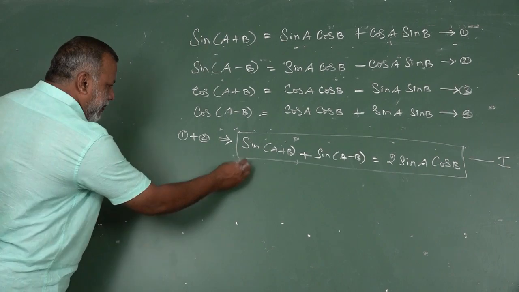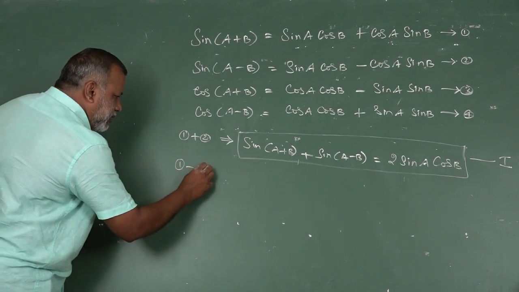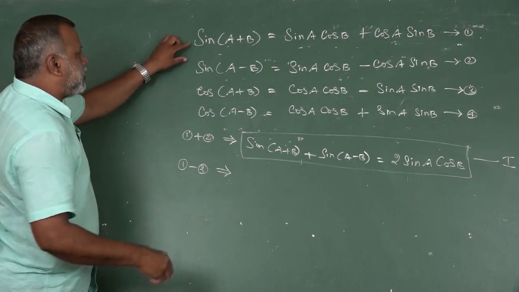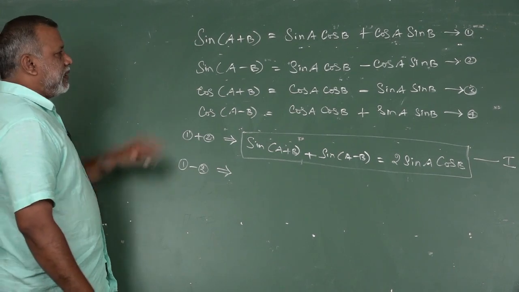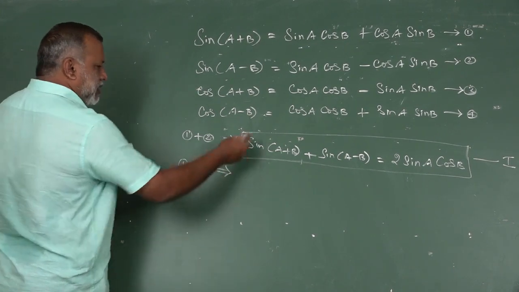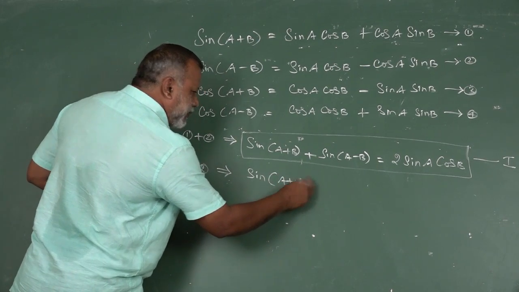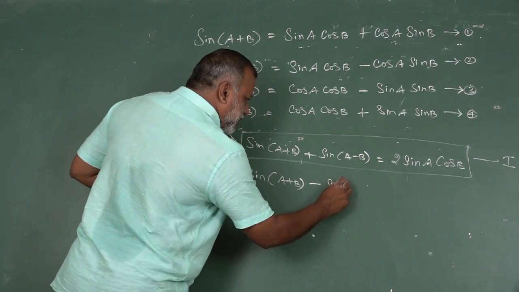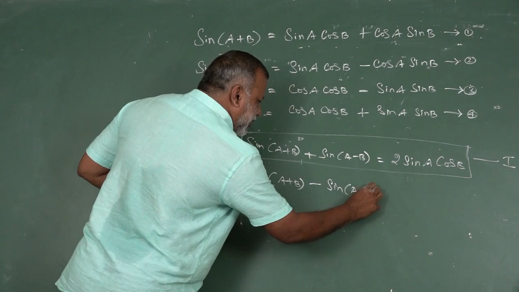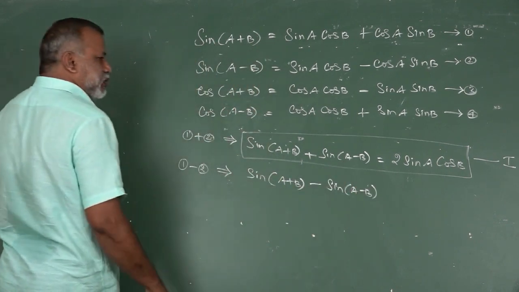In the same way, equations 1 and 2, we are subtracting now. First addition, then subtraction. The same way, listen, sine of a plus b minus sine of a minus b. We are subtracting these two.